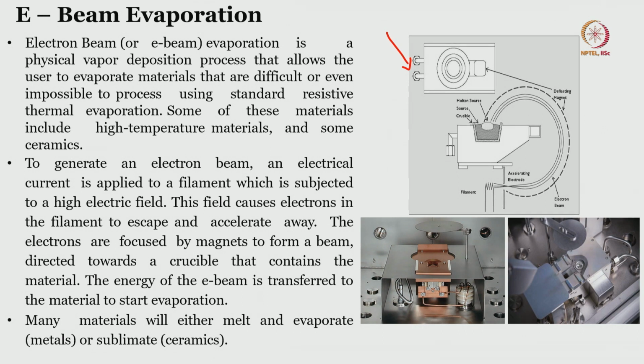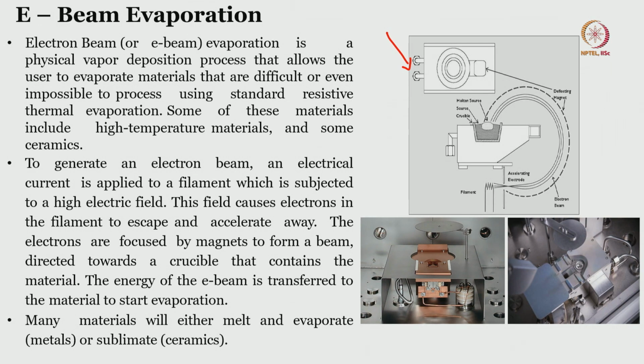That is the first thing: the role of E beam is that it can deposit materials that are difficult to deposit using thermal evaporation. Some of these materials include high temperature materials and some ceramics. We also understand this because the melting points of those materials would be extremely high.